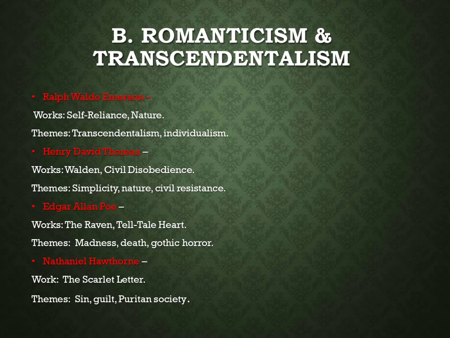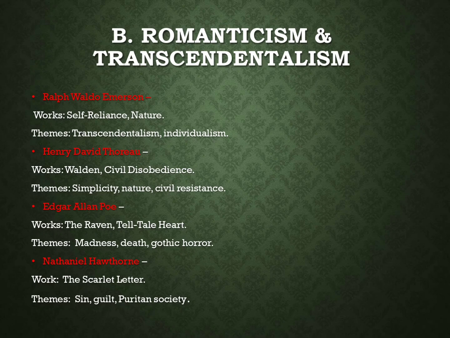The third writer was Edgar Allan Poe, who was a master of Gothic literature, and his works like The Raven and The Tell-Tale Heart are filled with madness, supernaturalism, and psychological horror. He also wrote the first modern detective story, The Murders in the Rue Morgue. So you should definitely read about Edgar Allan Poe before you go into the exam.